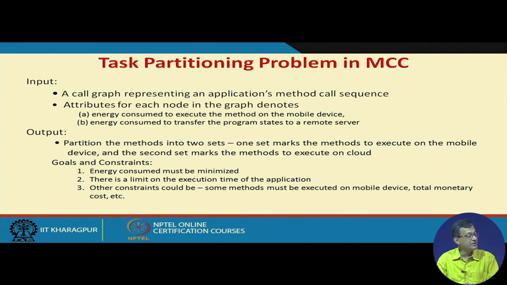Other constraints could be that some methods must be executed on the mobile device, total monetary cost, etc. So, we have a couple of constraints. The goal is to reduce the energy consumption, time should be within that particular threshold value, and there can be other constraints, like some part of the application may need to be executed in the device itself.